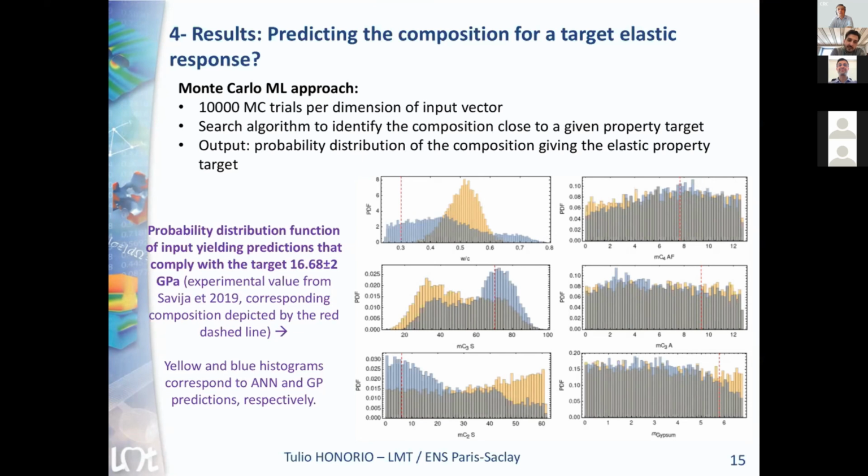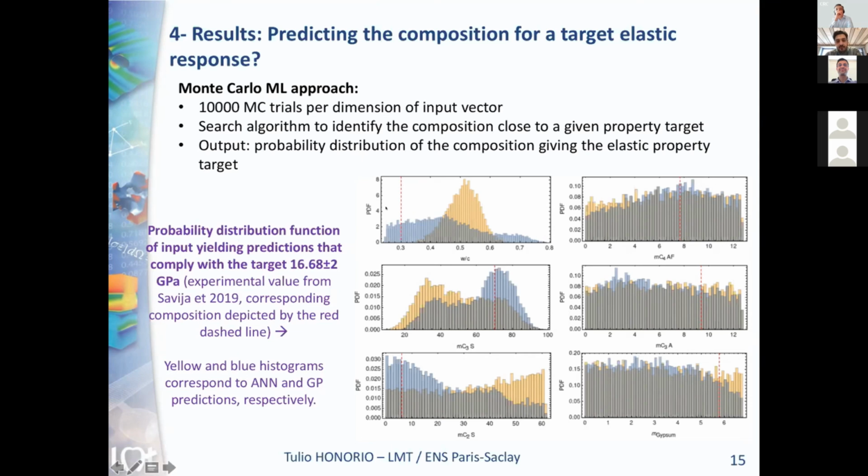So we can get some distribution per component of the input vector, and see what is the distribution of the input regarding the target elastic response that you are looking for.